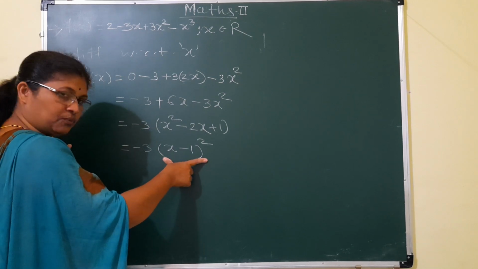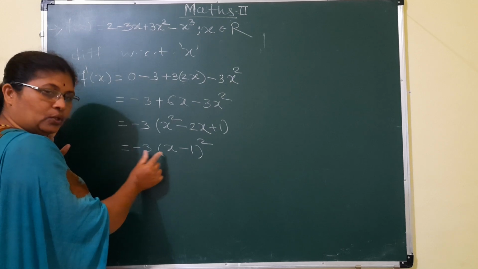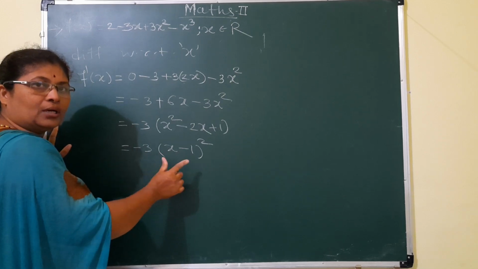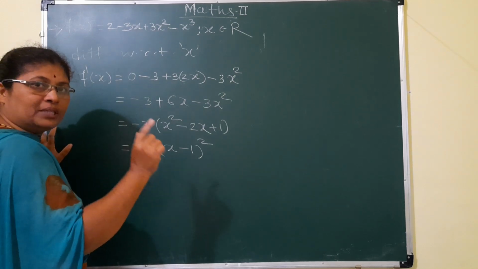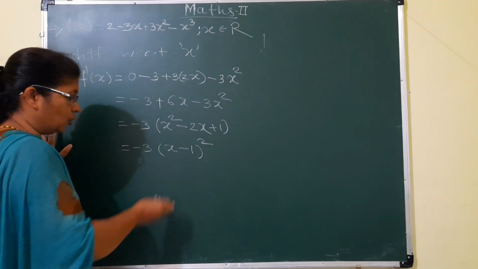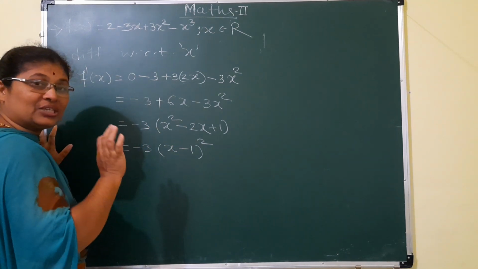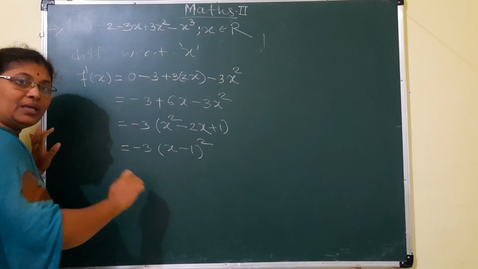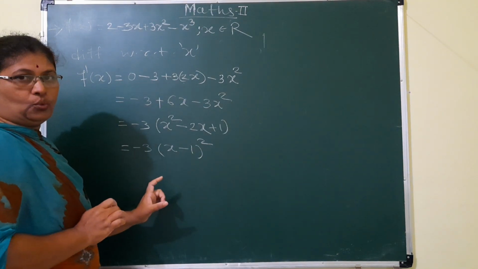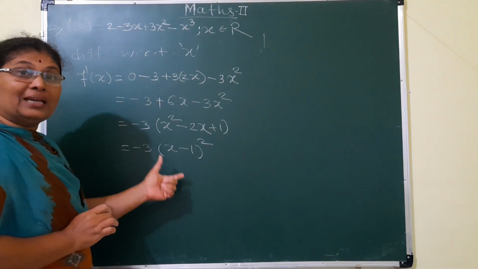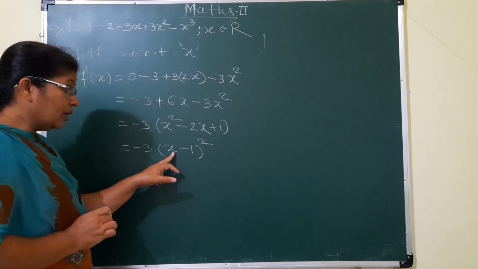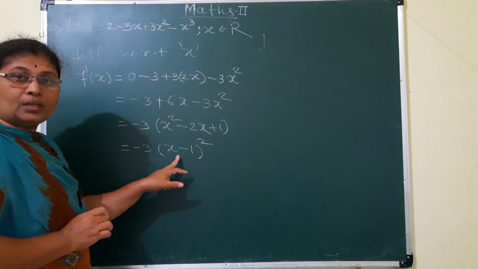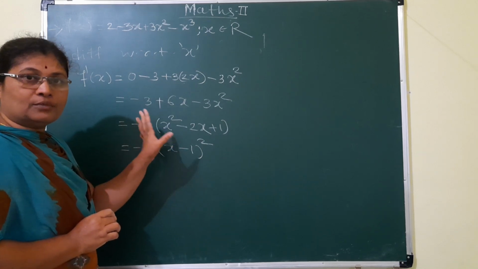Therefore, this term is positive and this one is negative. Product of two terms, one of them is positive, another one is negative. So this product will be strictly less than 0. This will be strictly negative. It will be 0 if x is equal to 1.